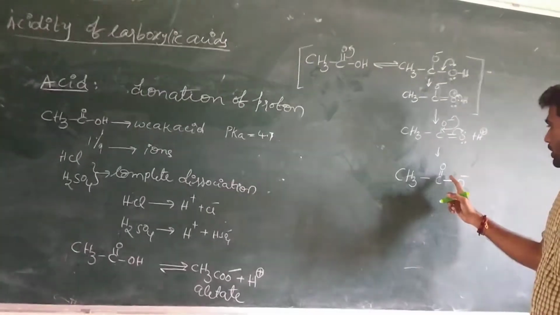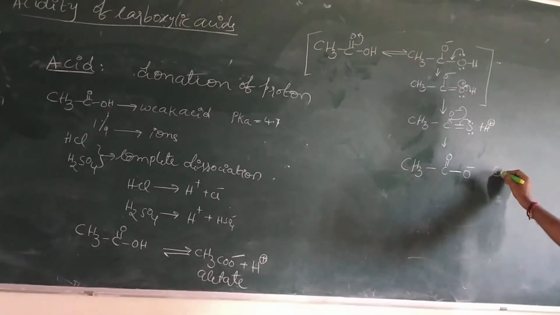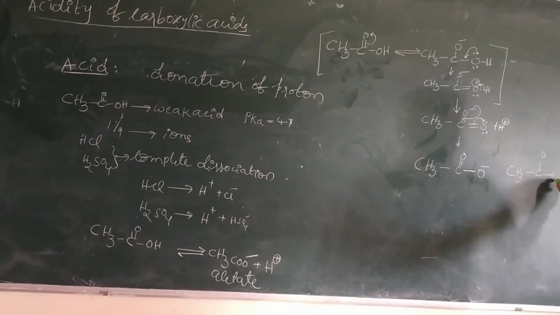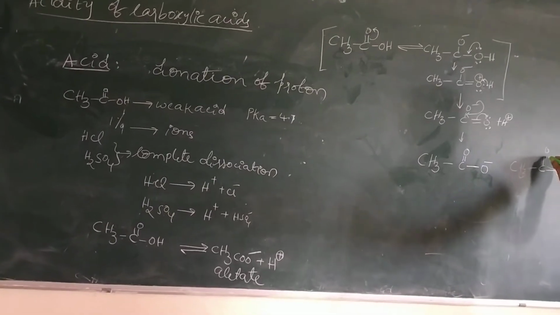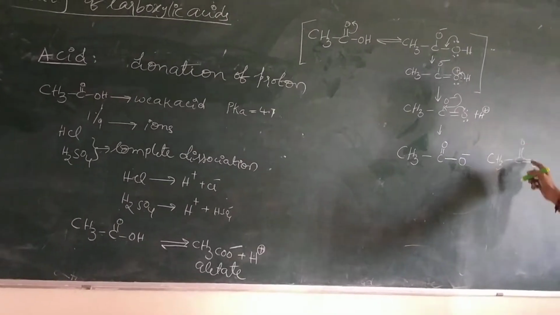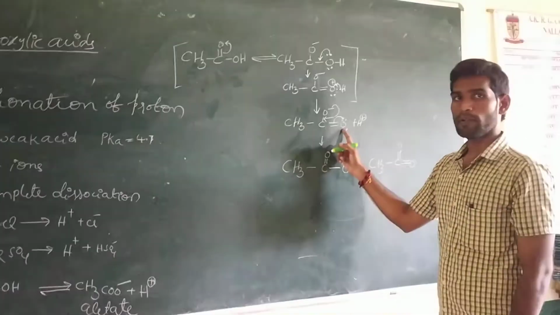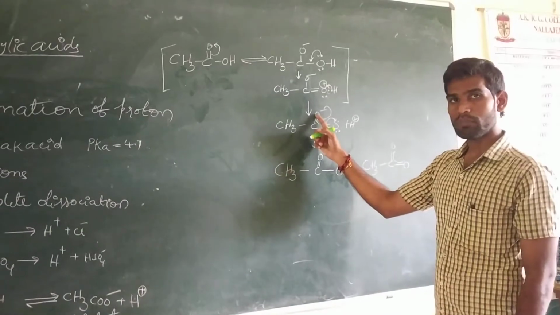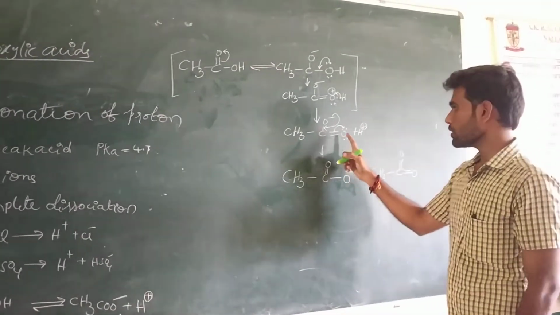So the bond between the carbon and each of the 2 oxygen atoms is a half bond. The pi electrons are mutually shared between the 2 oxygen atoms because they have the same electronegativity. Sometimes the pi electrons shift towards this oxygen atom, and sometimes towards the other.